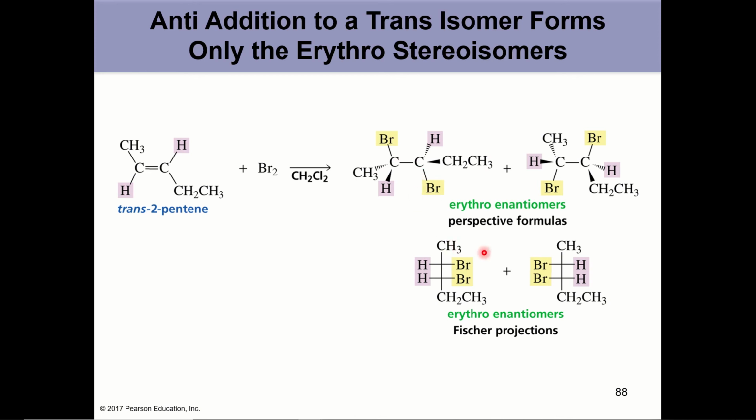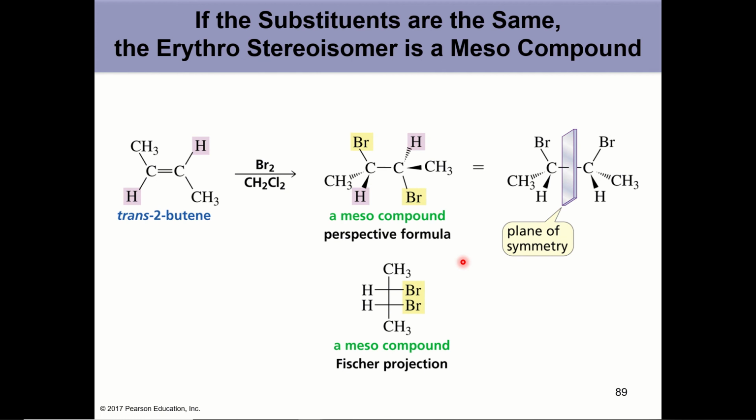But what that results in when you draw the Fischer projection is that both of the halogen atoms end up on the same side of the Fischer projection. If the substituents are the same and we have a trans, then anti-addition to trans results in a meso compound.